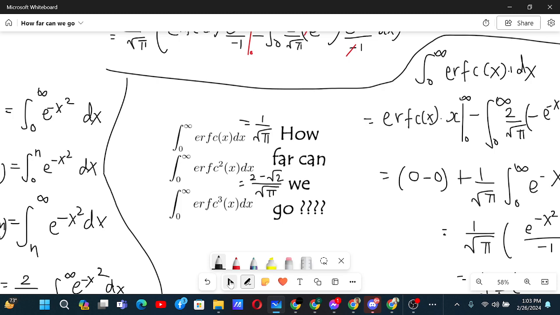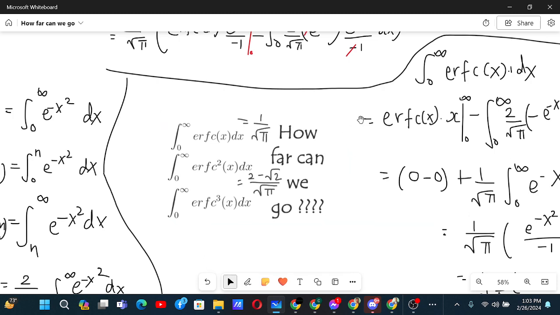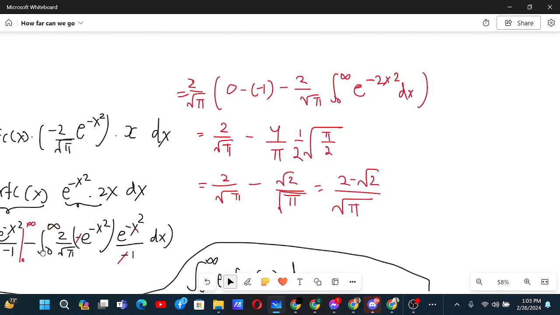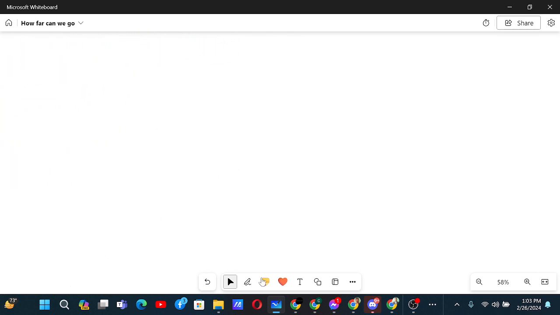Now let's go to the third problem, erfc cube of x. Now this is going to be a lot more interesting because this is a bit more complex. The complexity is increasing.